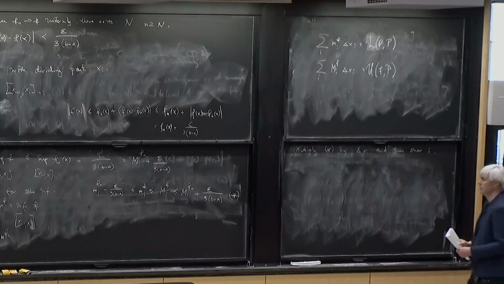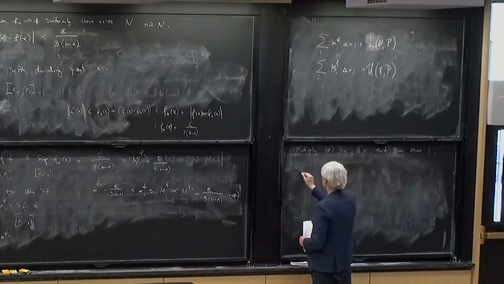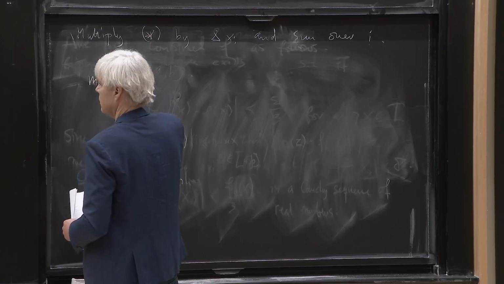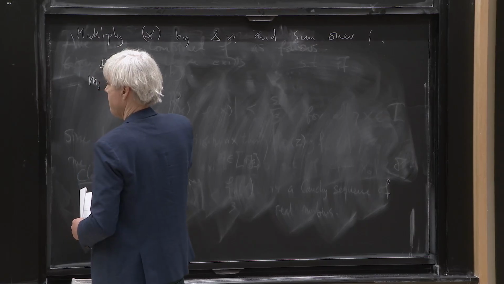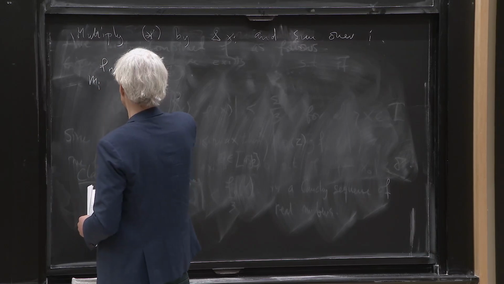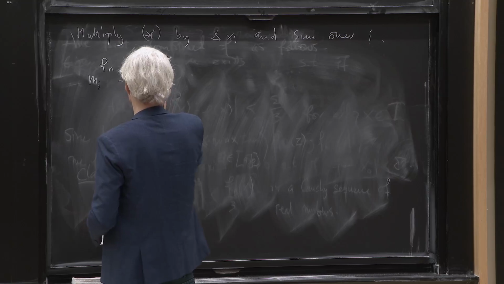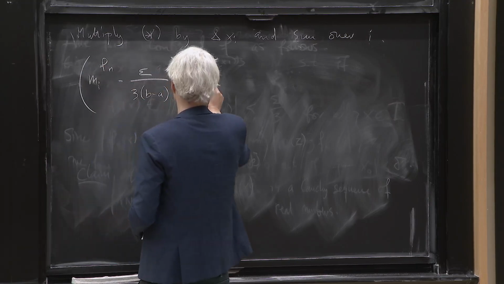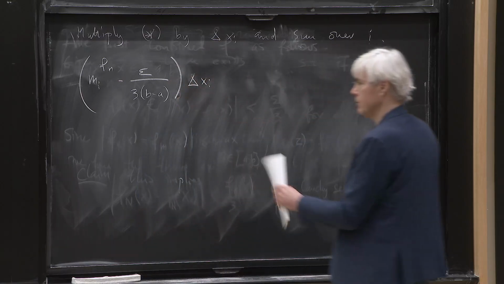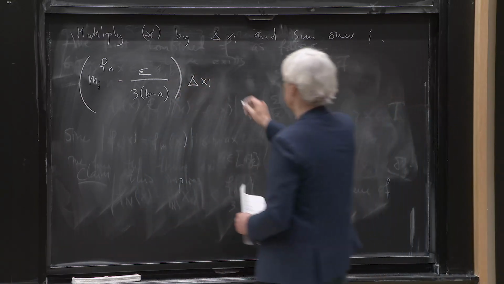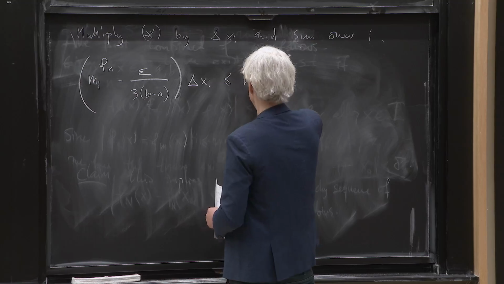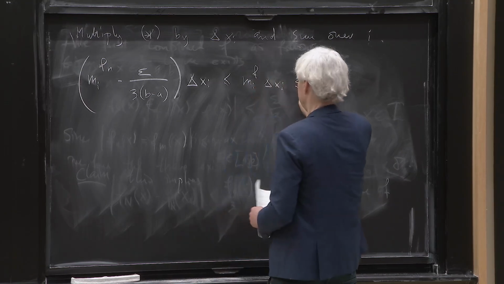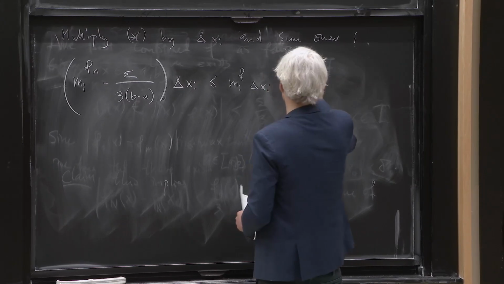If you do that, then what you get is m_i(f_n) minus epsilon over 3(b minus a) times delta x_i, which is less or equal to m_i(f) delta x_i, which is less or equal to this one here.